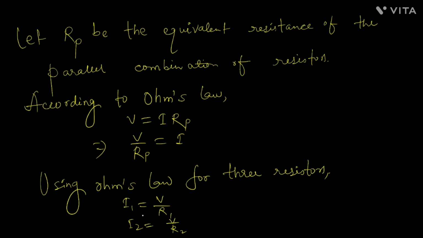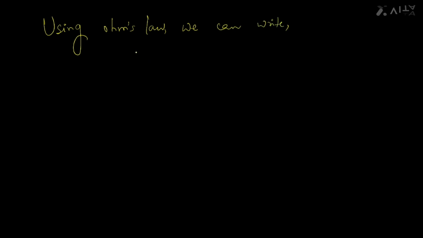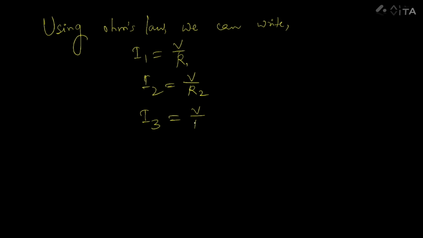Let me write it in the next slide. So using Ohm's law, we can write for all the resistors that I1 equals V by R1, I2 equals V by R2, and I3 equals V by R3. Now these are the values which we are going to substitute in equation 1.